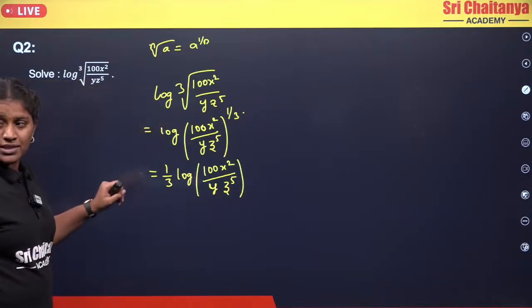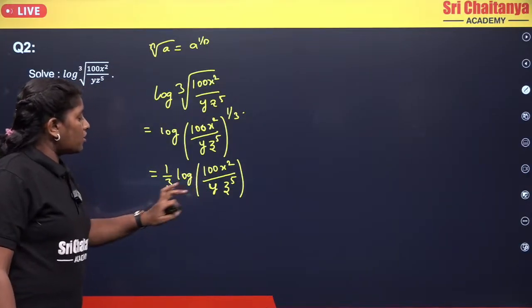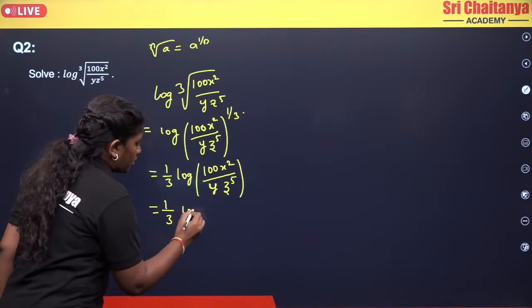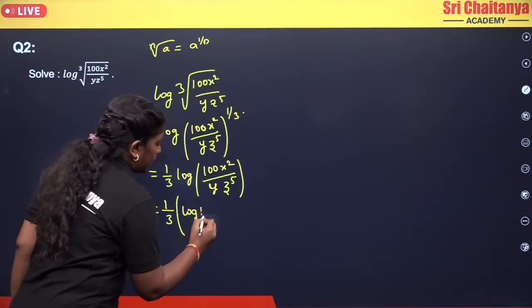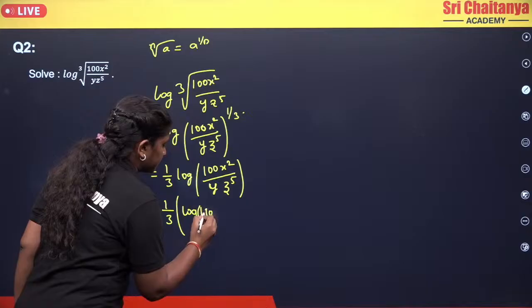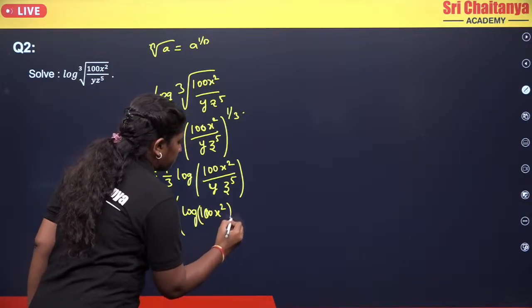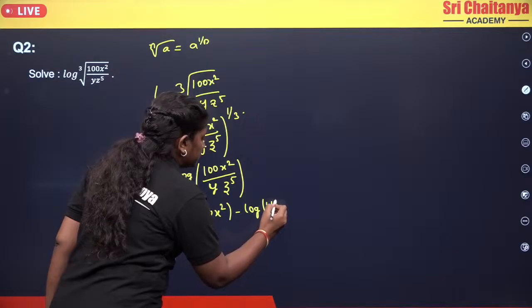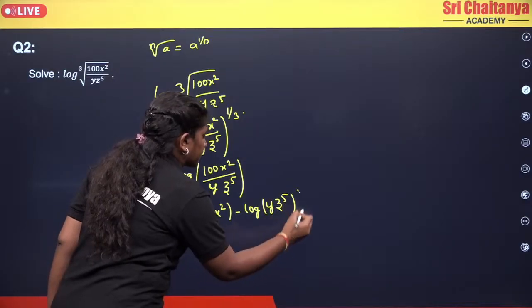Okay. Now once again, here if you observe log a by b, that becomes 1/3 times log of 100x² minus log of yz⁵.